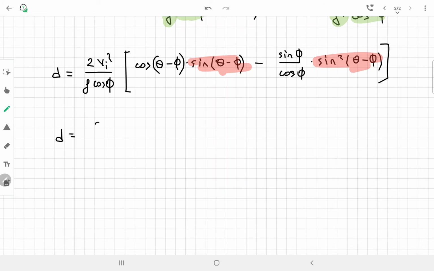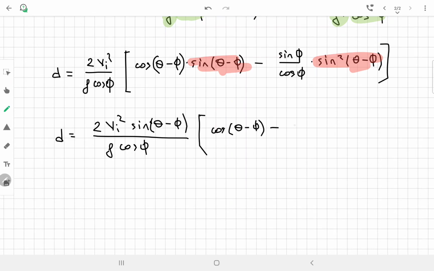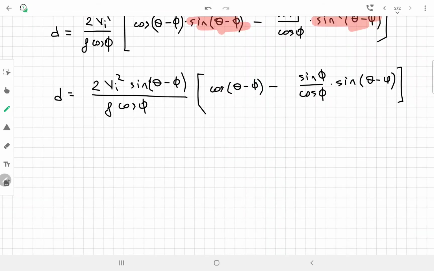So d will be equal to 2 vi squared sine theta minus phi over g cosine phi, and here we will have cosine theta minus phi minus sine phi divided by cosine phi times sine theta minus phi. As you see, we can write it in this way.